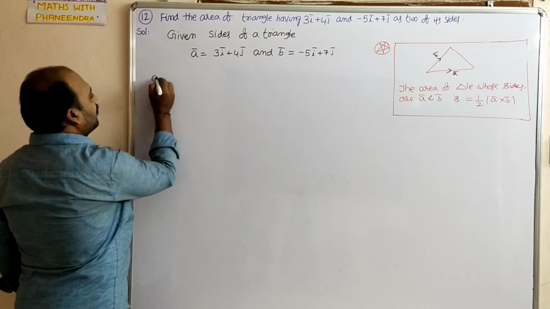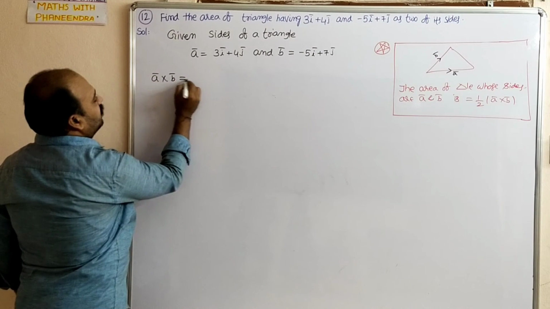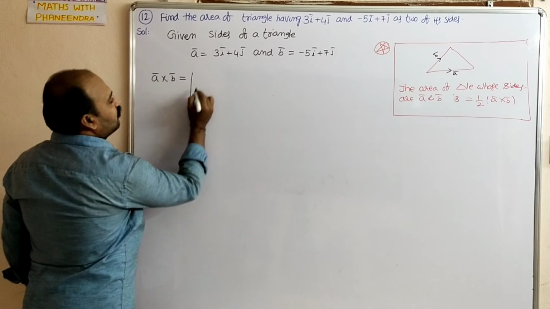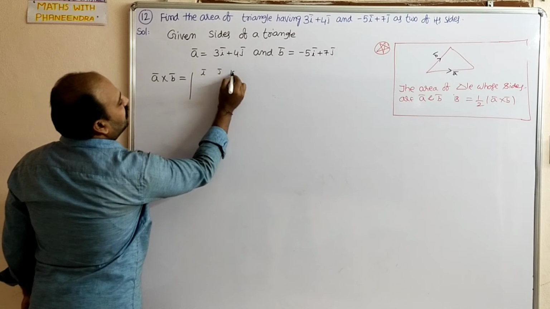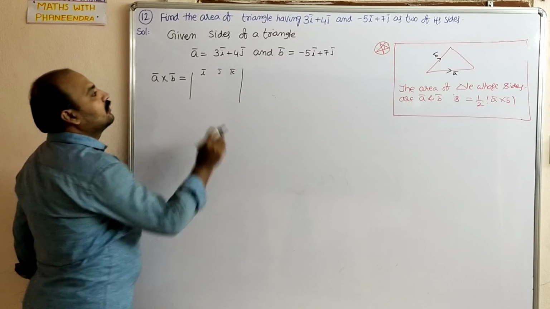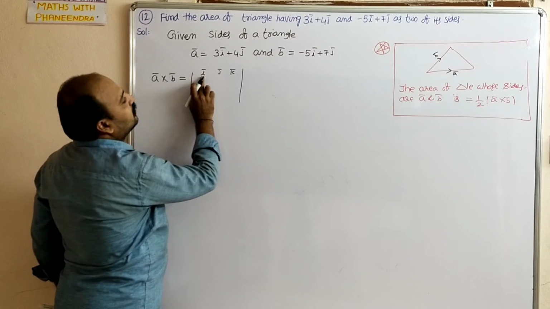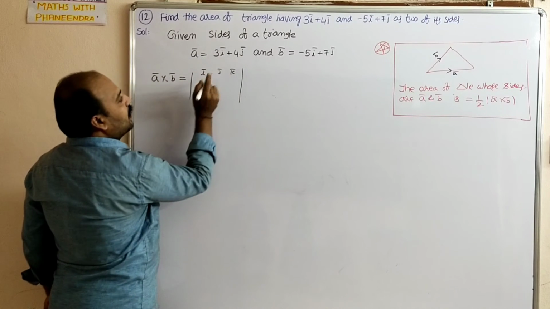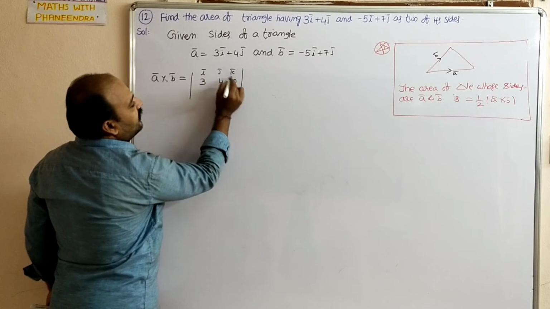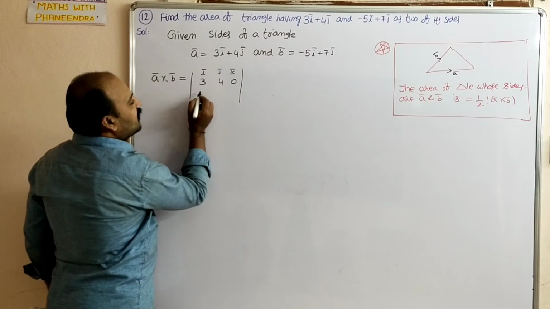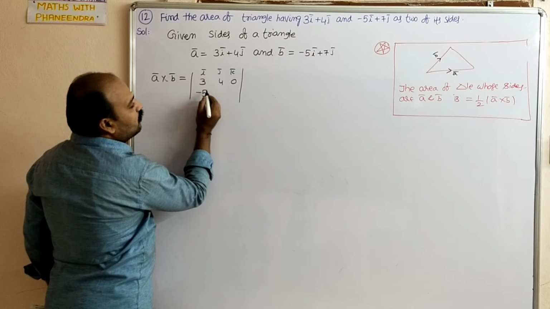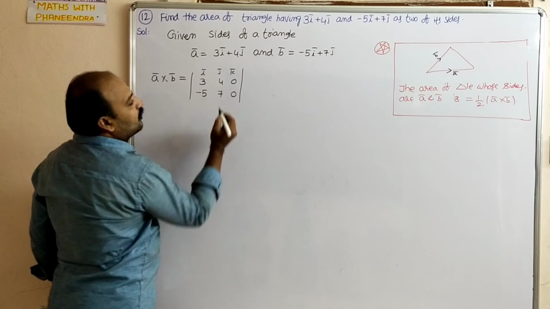Now the cross product of A bar and B bar. We know that i, j, k. So that means A bar components we have to write. So 3, 4, anyway k bar is not there. Come to the second vector, components minus 5, 7, 0.